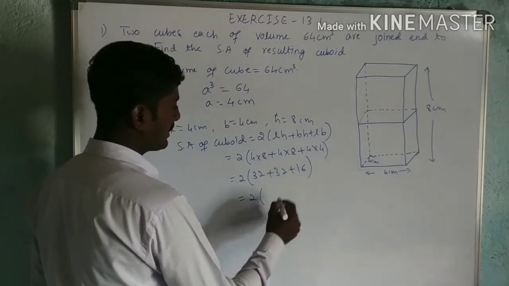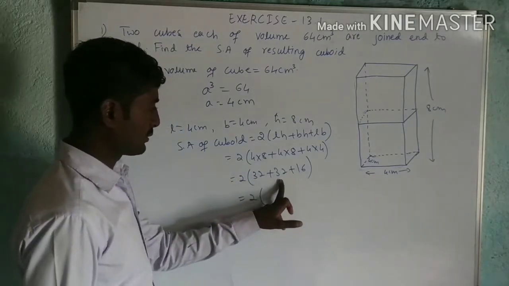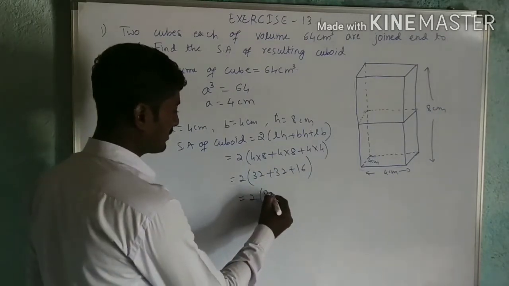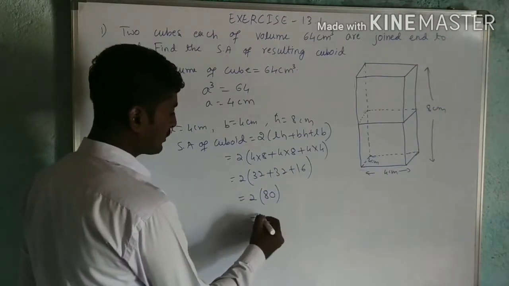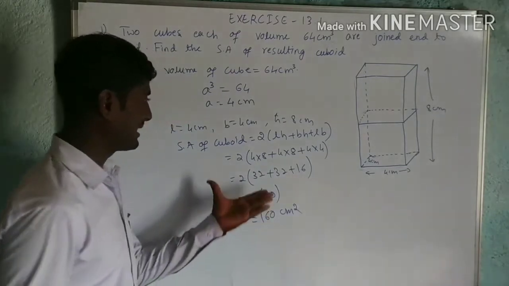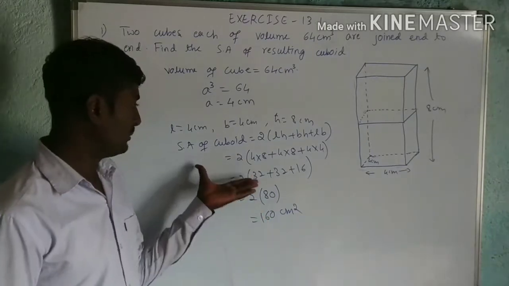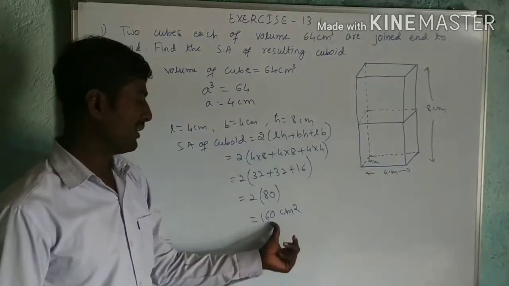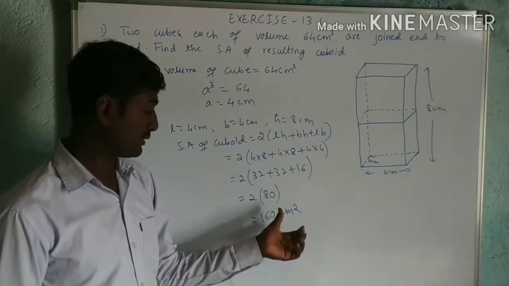So this is 2 into 32 plus 32, 64, 80. So this is 80. 80 into 2, that is 160 centimeter square, since it is an area. Okay. So now the surface area of the resulting cuboid is 160 centimeter square.